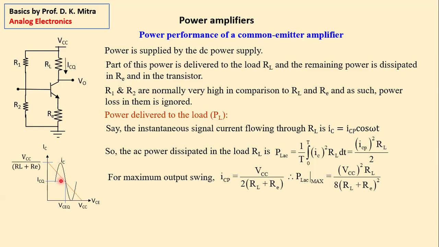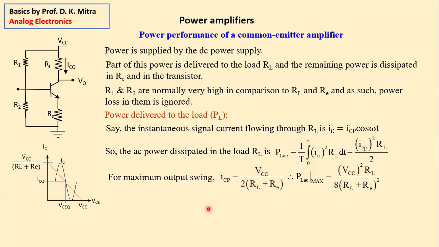Remember the biasing condition: the load line intersects here at V_CC divided by R_L plus R_E, and I_CQ is half of the load line. So I_CQ is V_CC divided by 2 (R_L plus R_E), and I_CP is the same. So this is the maximum value of the signal.